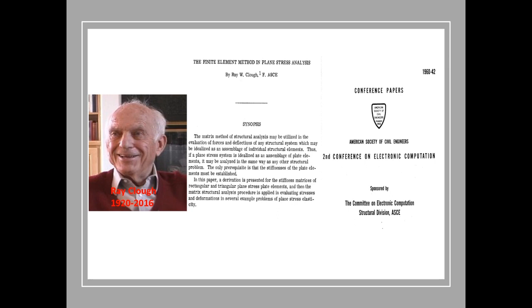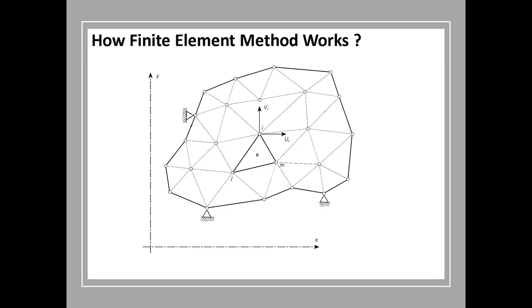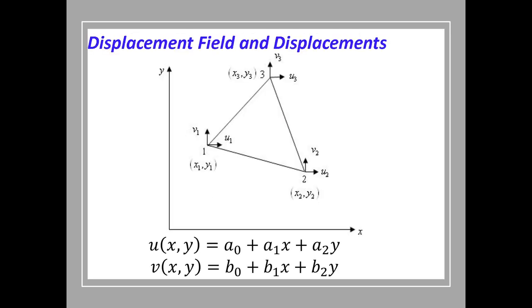Well, how does the finite element method work? First, the continuum is idealized as an assemblage of a number of discrete elements connected at the nodes only. Next, we assume a displacement field in the form of polynomials to specify the relationship between the internal displacements of elements and their nodal displacements.